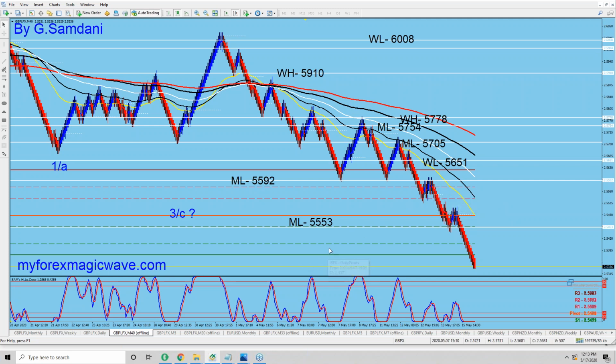If you saw on Friday, I had like four or five pound pair trades: pound Aussie, pound CAD, pound yen, pound USD. I took all of those pound pairs short. Nice trades, right? That's what happens if you watch the index. Similarly with different pairs. If the Aussie index is moving, all the Aussie pairs will be affected.